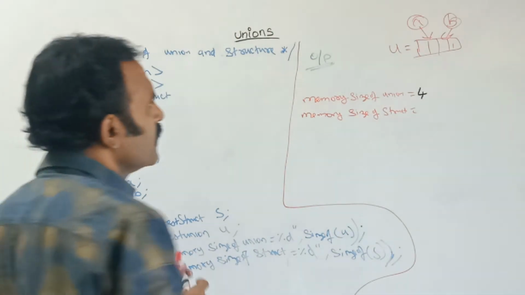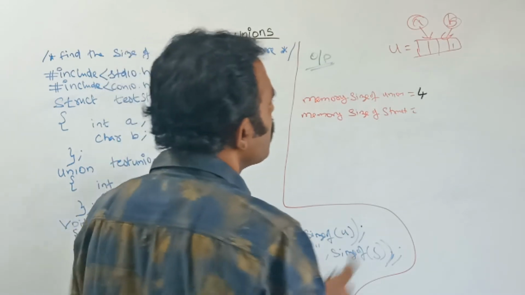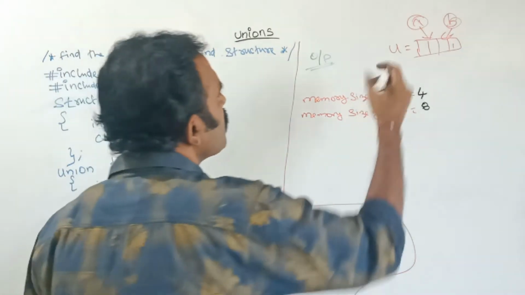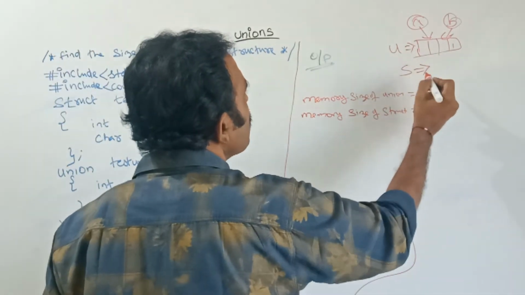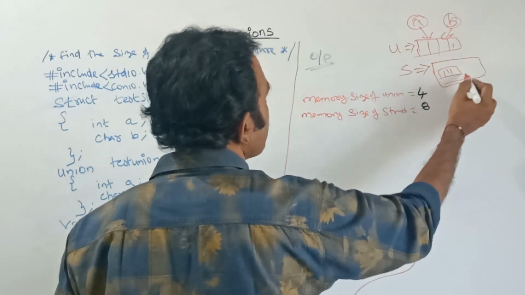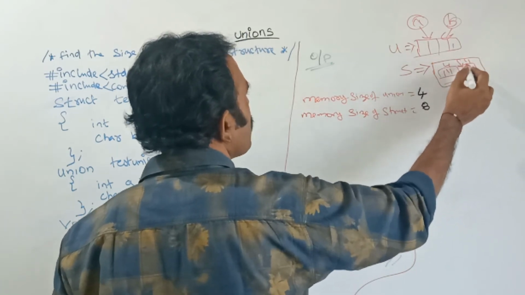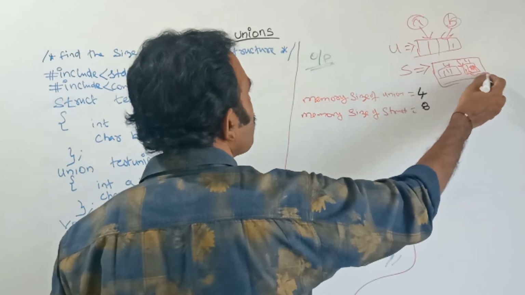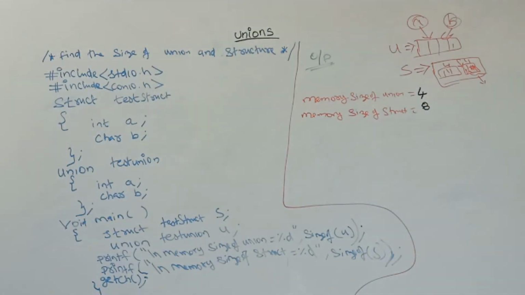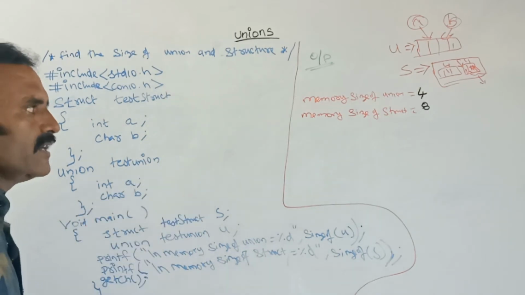The answer will be 8 because for the structure it will allocate the memory separately for A and for B. This is 4 bytes. For B it occupies only a single byte, the remaining 3 bytes are empty bytes, that is structure padding. So it will show the answer as 8. In this way we can find the memory size of the union and the structure.